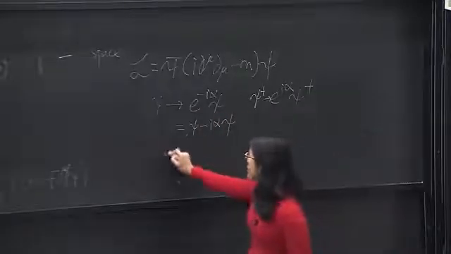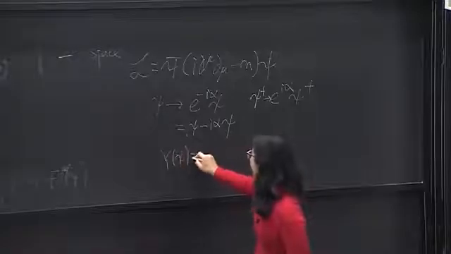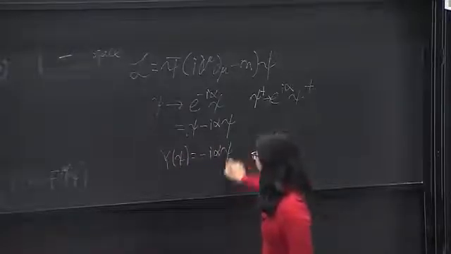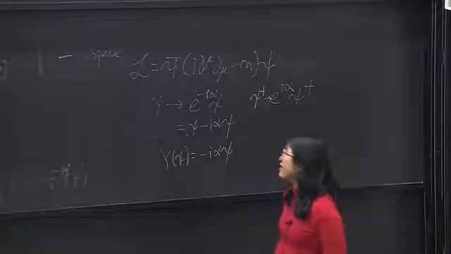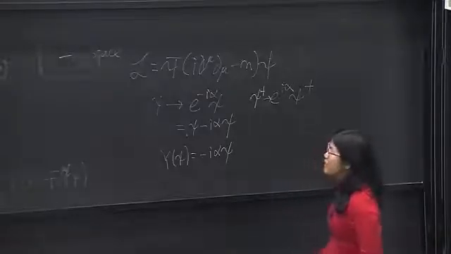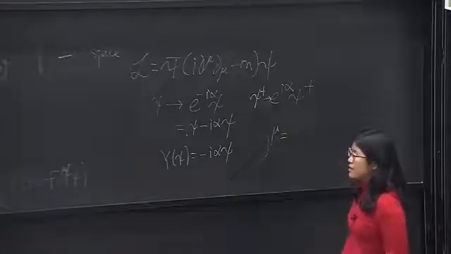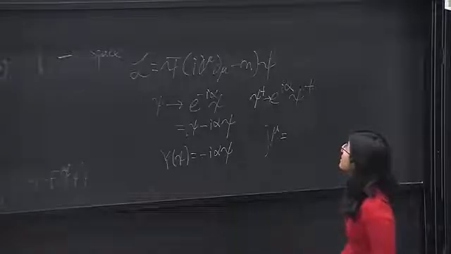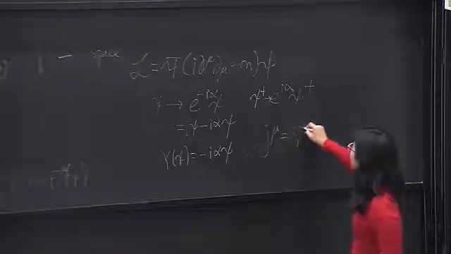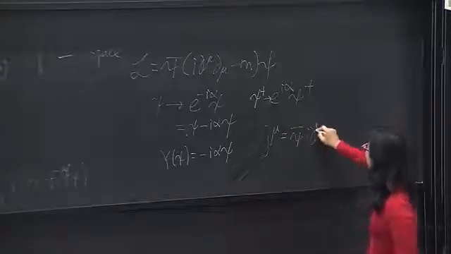Then I identify my delta psi as minus i alpha psi. And I can stick it in the current definition, which gives me psi bar i gamma mu.